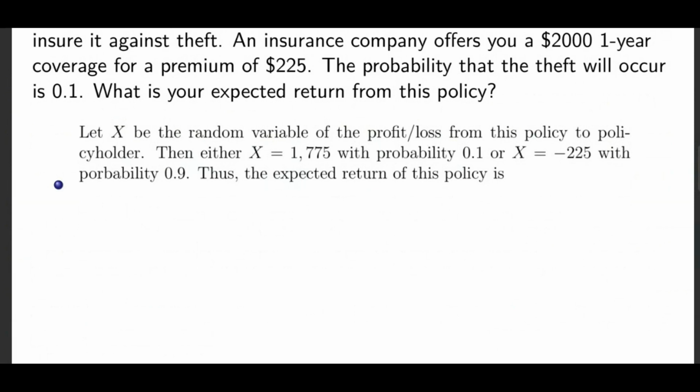Now, if you don't like this argument, you can also think of it this way. There is a 0.9 probability I get nothing, and a 10% probability I get 2,000. But don't forget to subtract 225 from everything because you paid that at the beginning. So that has affected the outcome in the end.